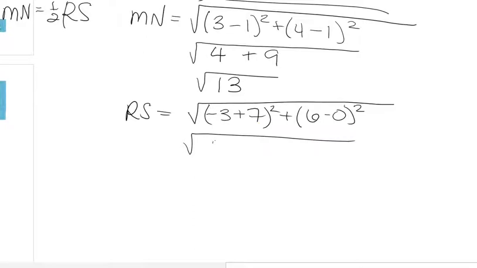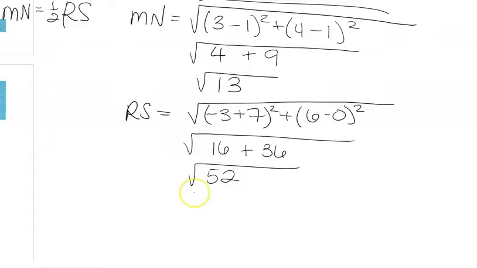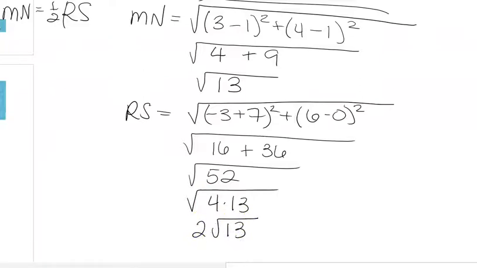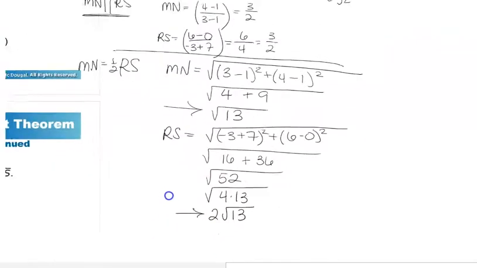So now we have 4 squared, which is 16. And then 6 squared, which is 36. So then you have 52, same as 4 times 13, and the square root of 4 is 2. So you can see that this is twice the size of this, and that shows that right there. So make sure you're reducing when you do those.